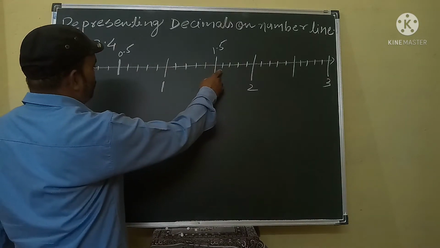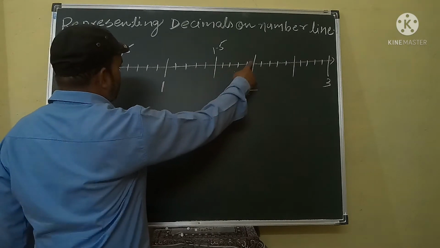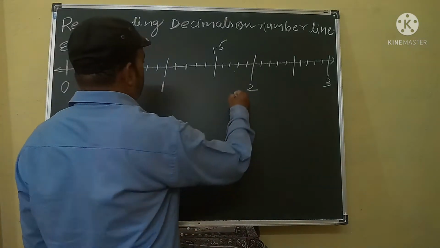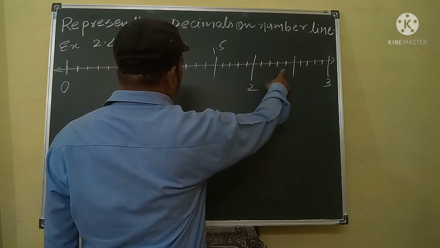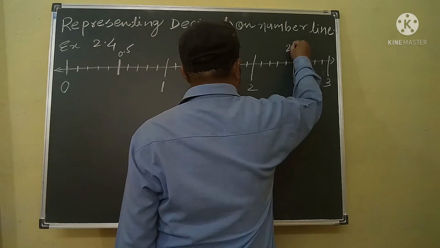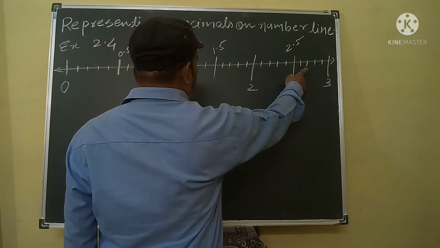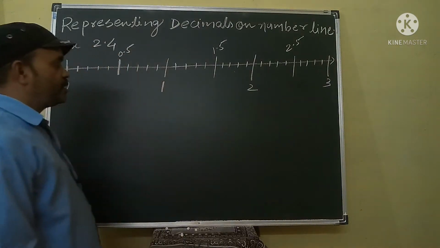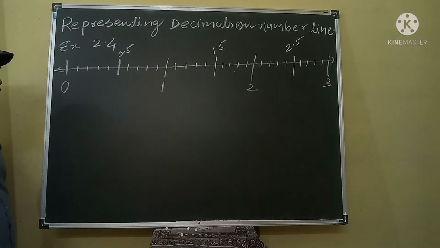Then after this is 1.6, 1.7, 1.8, 1.9, and this is 2. Then after this is 2.1, 2.2, 2.3, 2.4, this is 2.5. Then after 2.6, 2.7, 2.8, 2.9, and this is 3. Okay. So as you are looking, between two whole numbers, there are 10 equal parts.